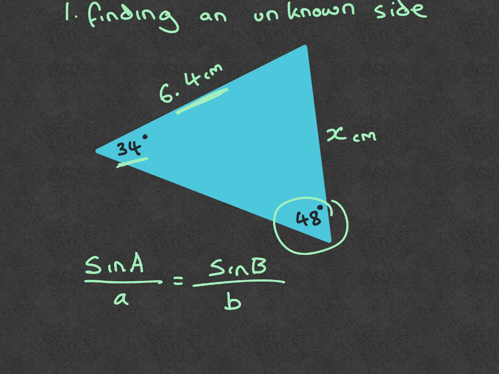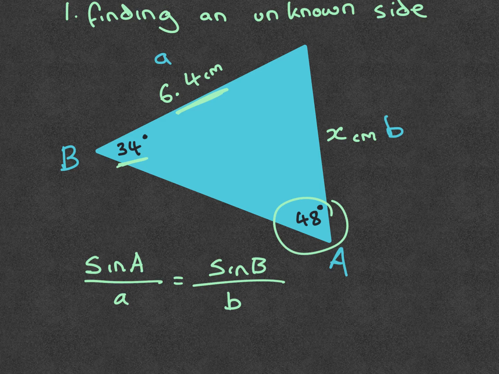It doesn't matter what letter you give what angles or sides, but the important thing is that you give the corresponding angle and side the same letter, just one uppercase, one lowercase. So we're going to call this angle here A. We're going to call this angle over here B. Therefore, the side opposite B will be lowercase b, and the side opposite the angle A will be lowercase a.